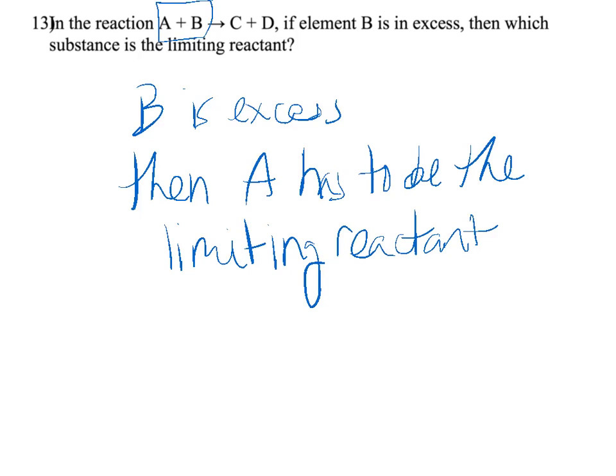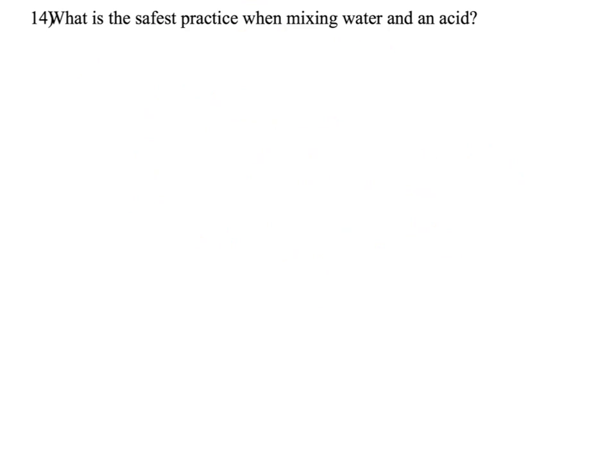Remember, these guys here are the reactants, and these guys here are your products. Always to the right of the arrow is the products, always to the left of the arrow is the reactants. So that's easy enough.